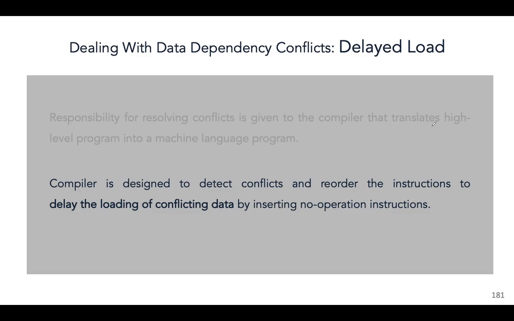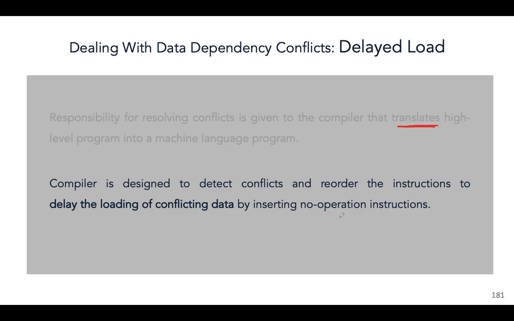The compiler is designed to detect conflicts during translation, and then it reorders the instructions to delay the loading of conflicting data by inserting no operation instructions. You wrote a program and you don't know which instruction is going to cause a data dependency conflict in the future. You just wrote the code and the compiler is now translating it.